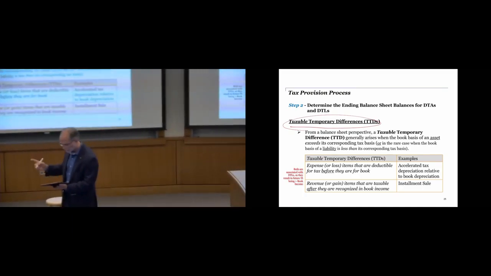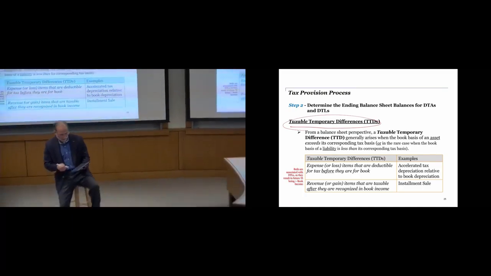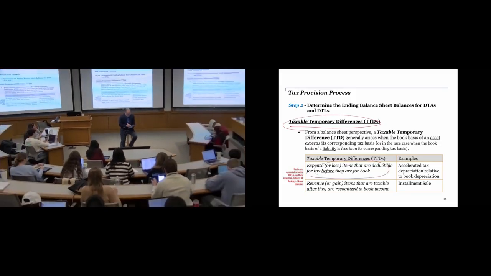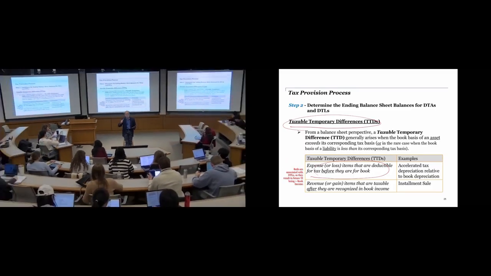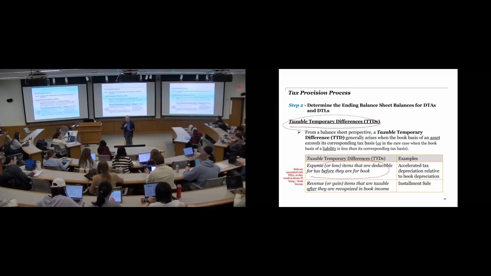So, I'll give you two types of taxable temporary differences. So let's just say the expense items that are deductible before they are for book. Okay? And I think one of the challenges you have here is reading the words, but then thinking of a real world scenario, what that is. So I try to do that here. The most common example of that is accelerated tax depreciation relative to book depreciation, right? We went through depreciation. All of the tax rules are accelerated methods compared to straight line for book, right?